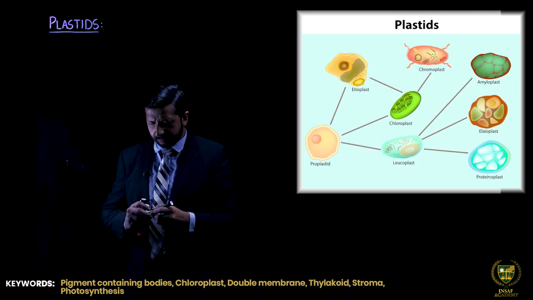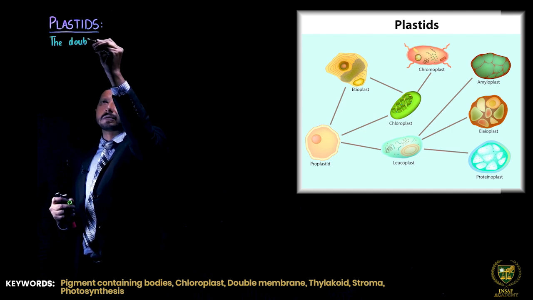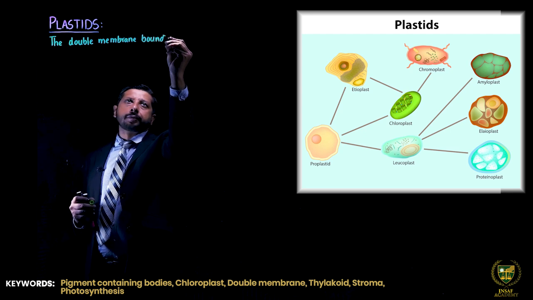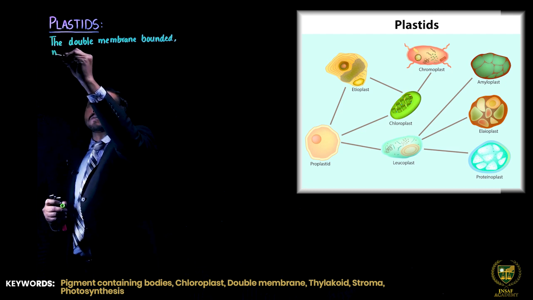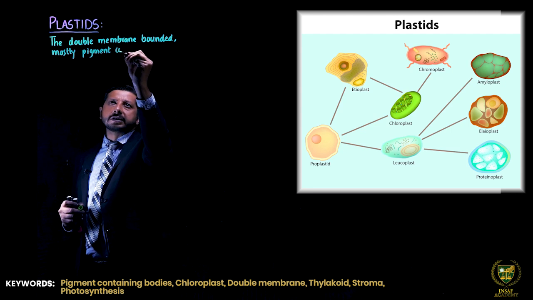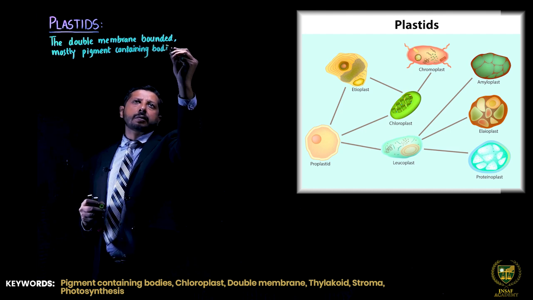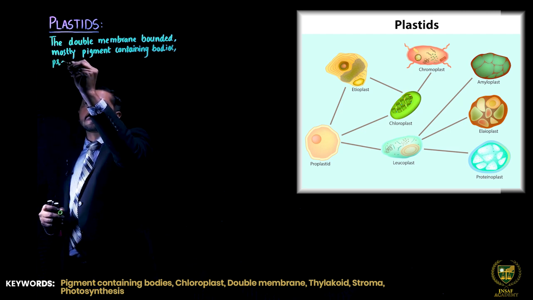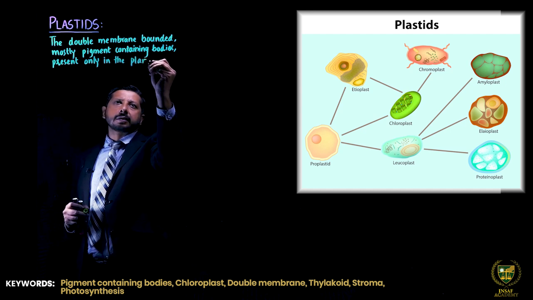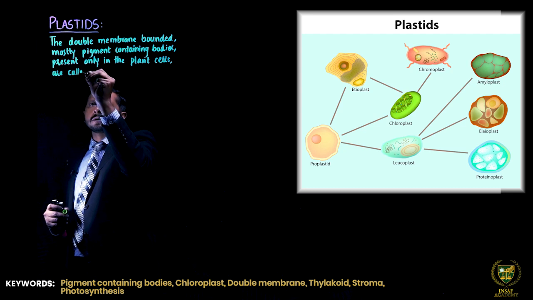So dear students, plastids, these are the double membrane bounded, mostly pigment containing bodies present only in the plant cells. Are called plastids.